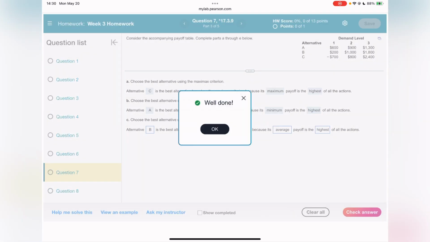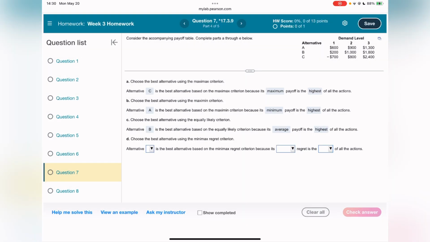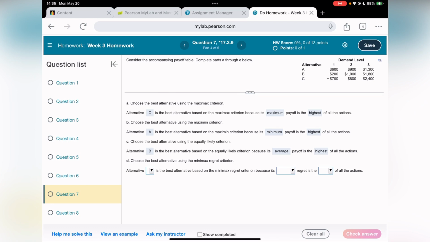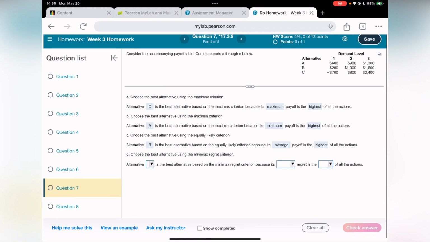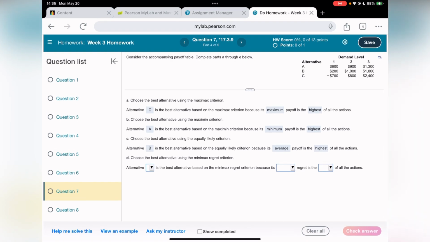Okay, next we are going to choose the best alternative using the minimax regret criterion. Here we're going to do some math. First of all, let me tell you the goal of the minimax regret criterion.